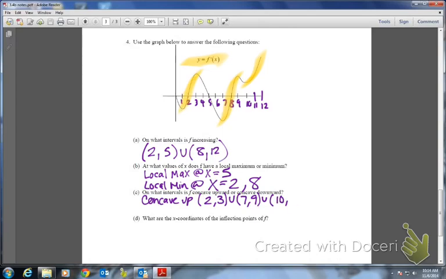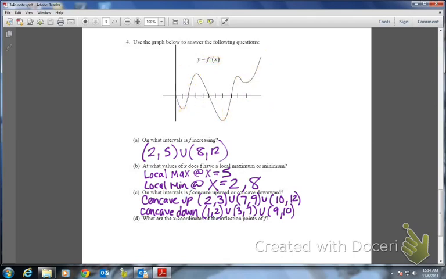All right, so I want you guys to go back and figure out the intervals where it's decreasing, where it's concave down. All right, you should have gotten concave down from 0 to 1, 3 to 7, 9 to 10.